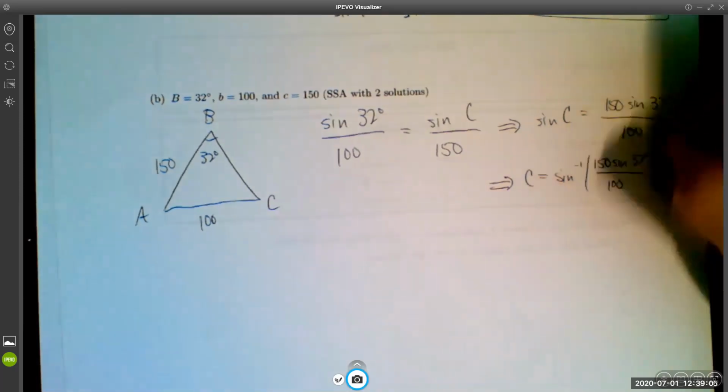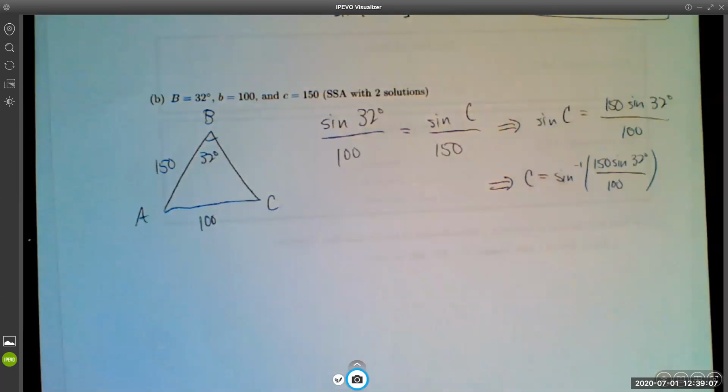And let's see what we get. So we're going to do sine inverse of 150 sine 32 divided by 100. That comes out to about 52.6.